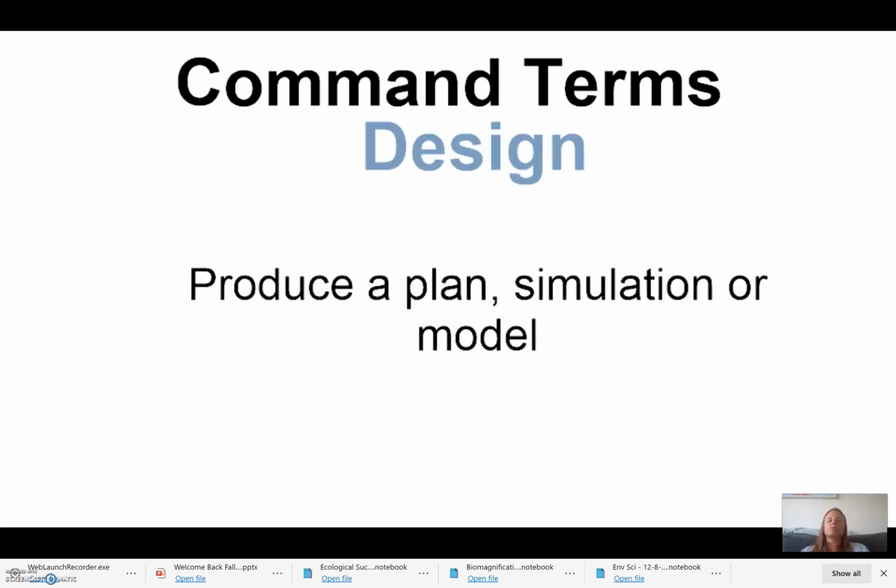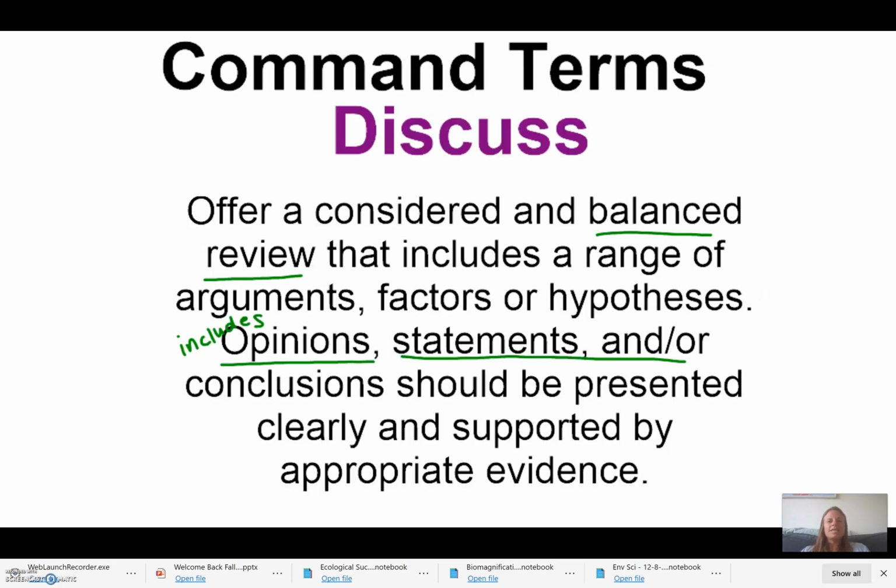Design, produce some sort of plan, a model, a simulation. We'll be doing a lot of virtual labs that involve simulations this year. Discuss, give a balanced review that includes opinions and statements that are supported by evidence.